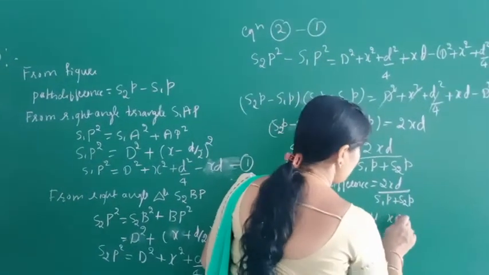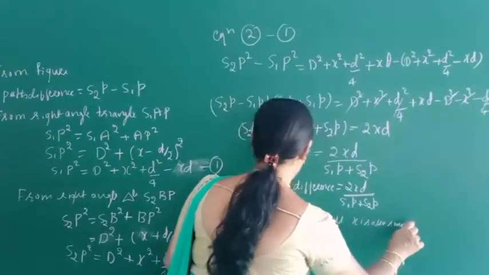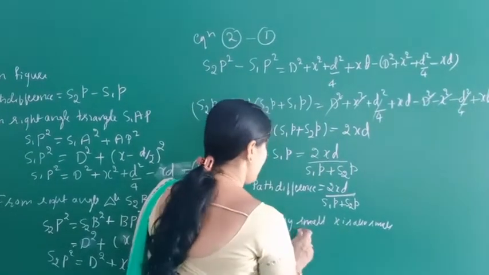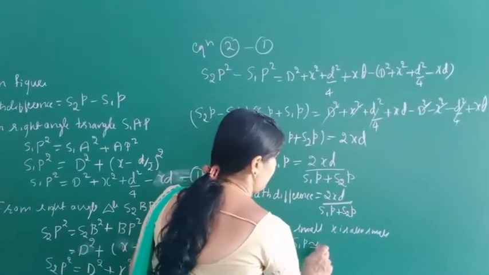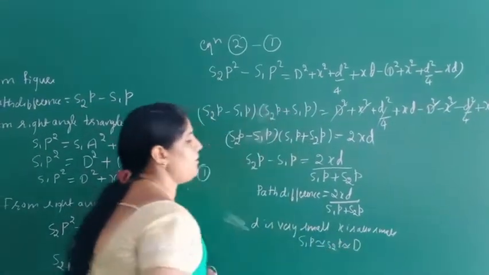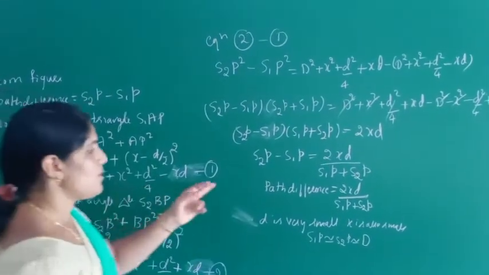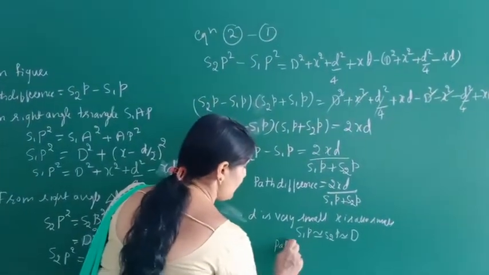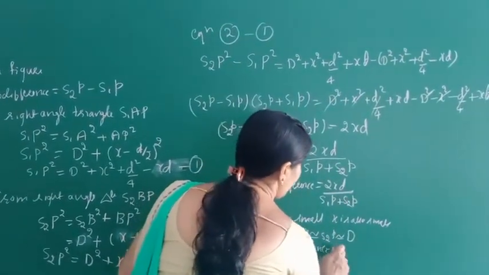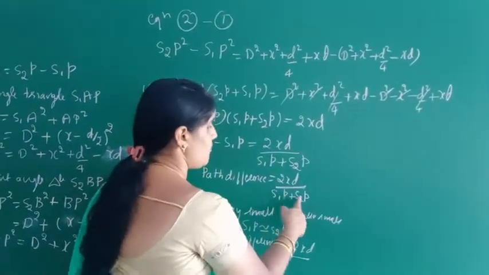That is, x is also small. If d and x are very small, then S1P is approximately equal to S2P, which is approximately equal to D, the distance between the screen and the slits. So path difference is equal to 2xd divided by S1P plus S2P.